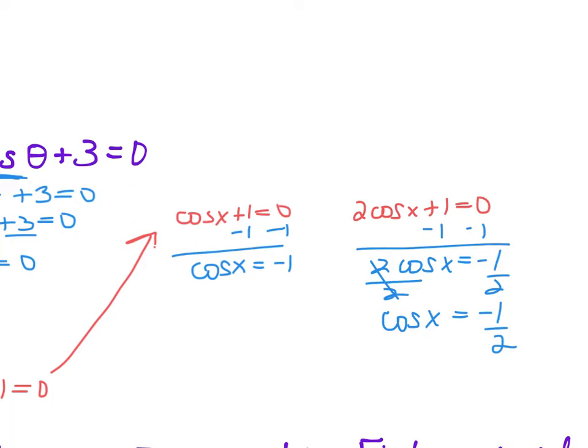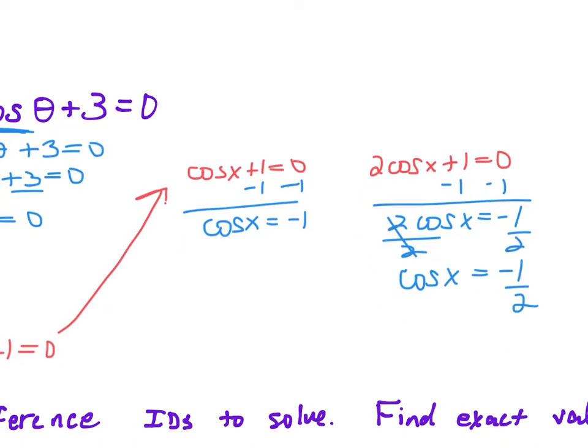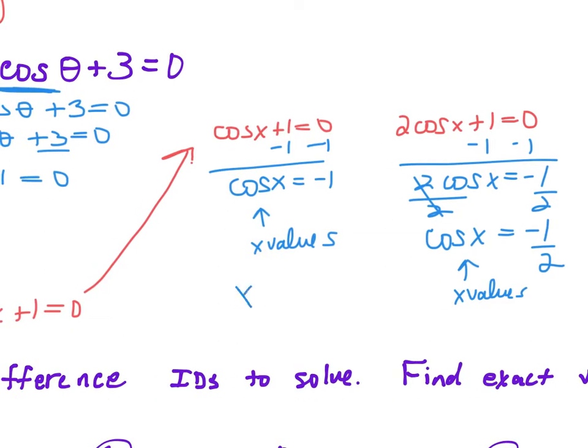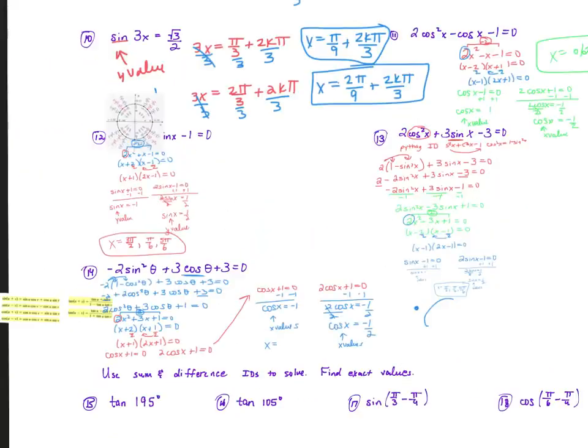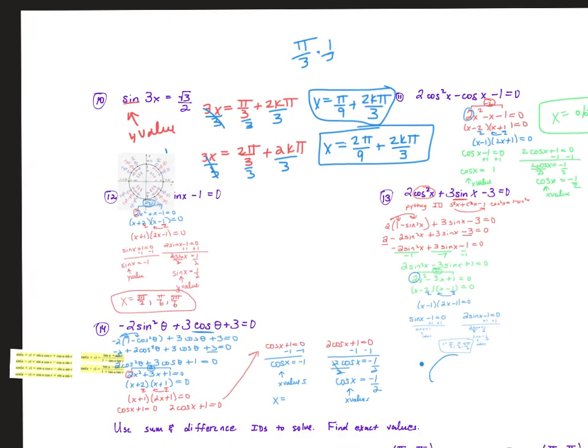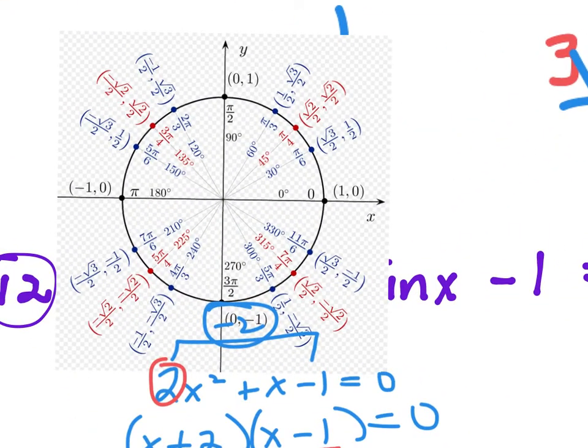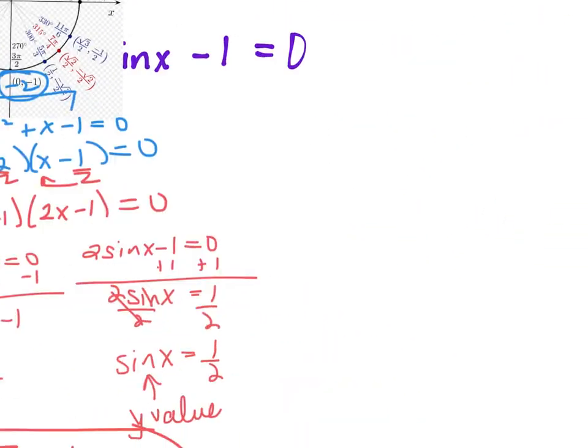So here, guys, we are looking to where my cosine values, which are my x values, equal -1. And where my x values are -1/2. So let's go to our unit circle and look for that. So I need x is -1. Over here's my unit circle. So x being -1 would be pi.